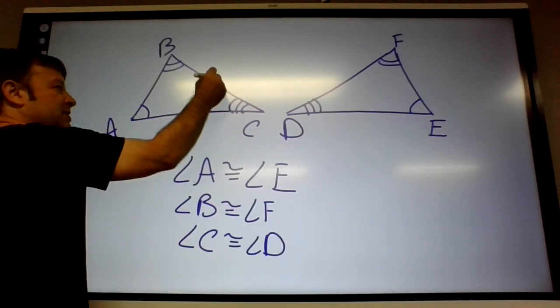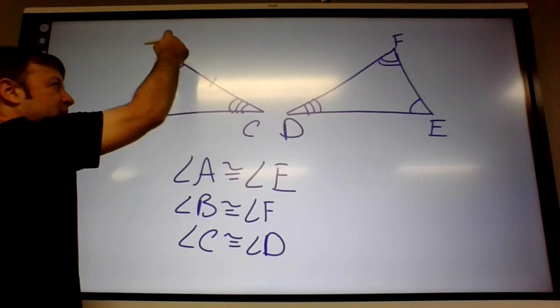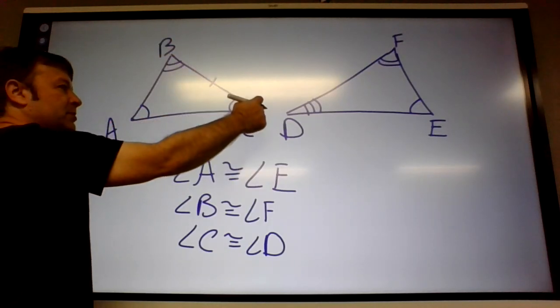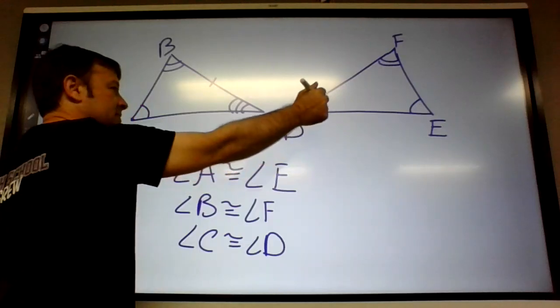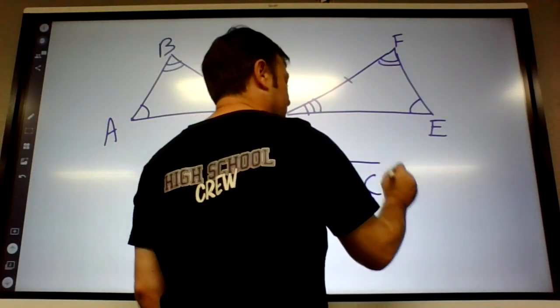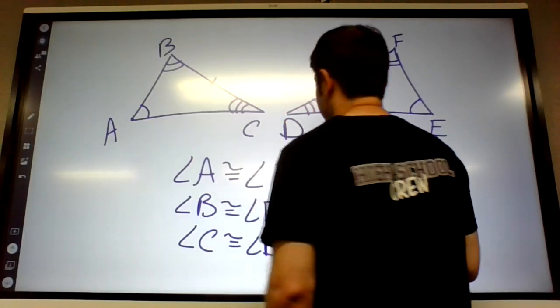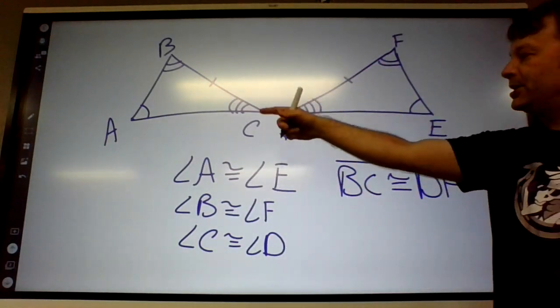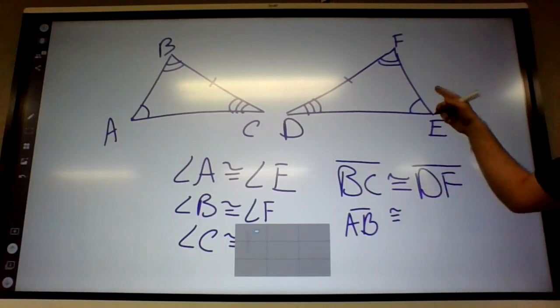So side BC here, or you could call it segment BC, corresponds to what? Segment DF. So BC is a line segment. It would be congruent to DF. AB over there would match EF.